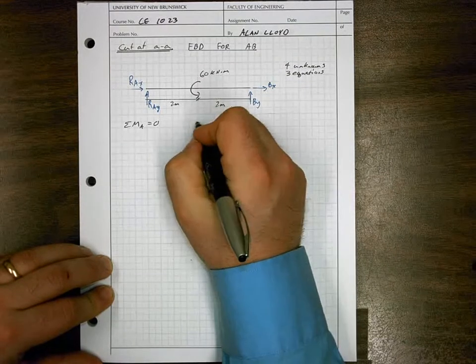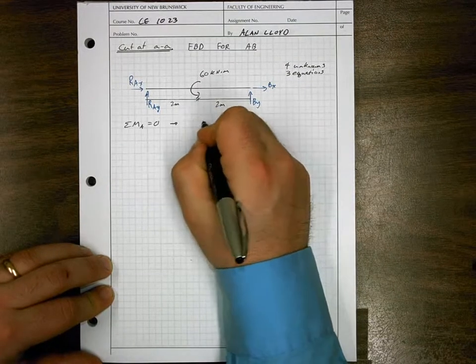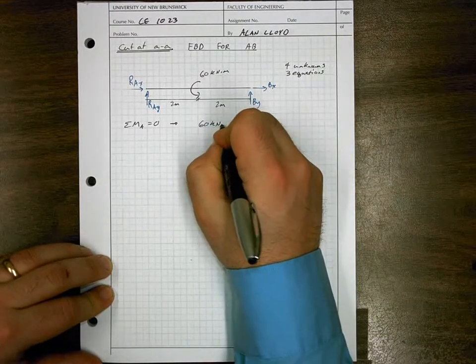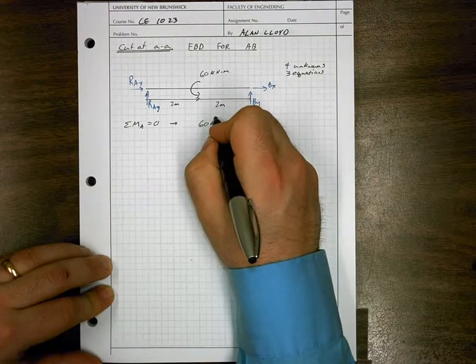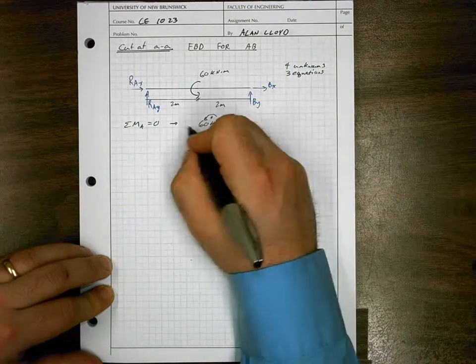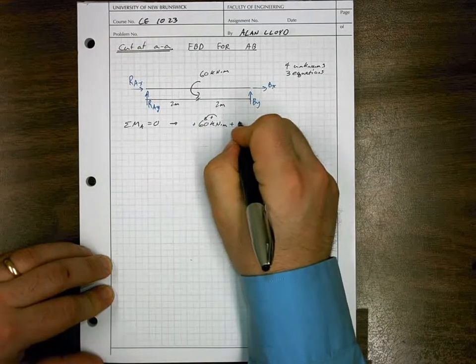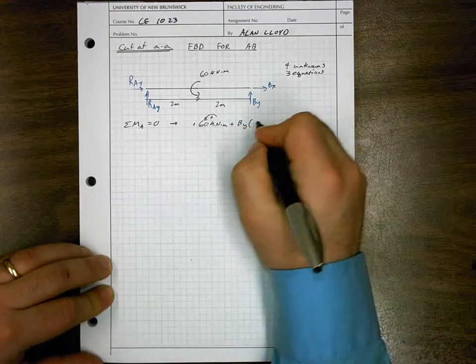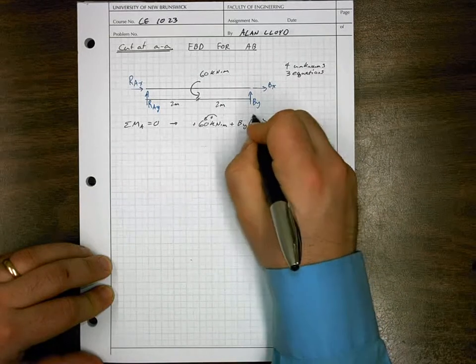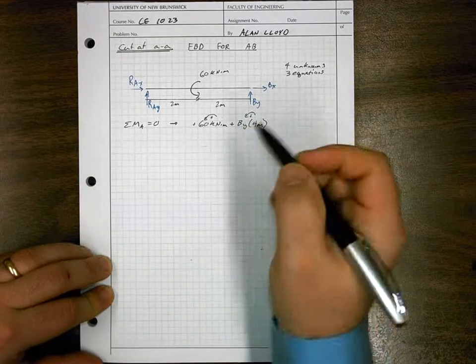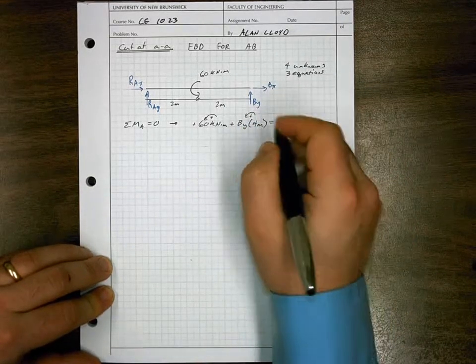If we do so, we'll see that we have 60 kilonewton meters acting counterclockwise, so that's a positive value, plus BY times 4 meters, also acting counterclockwise as we've drawn it, is equal to 0.